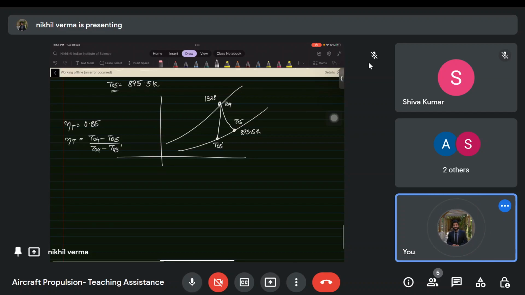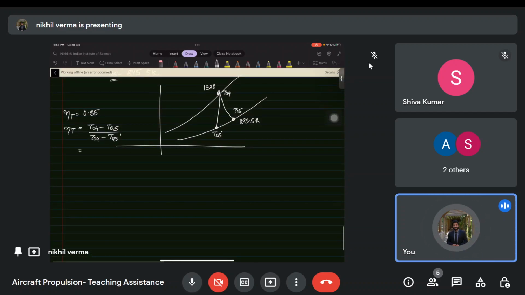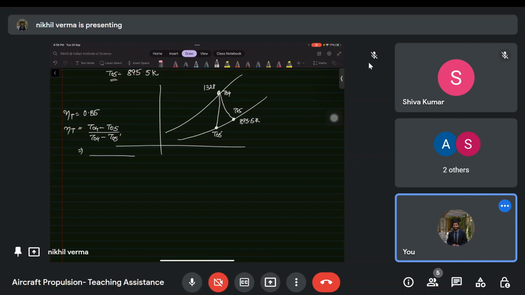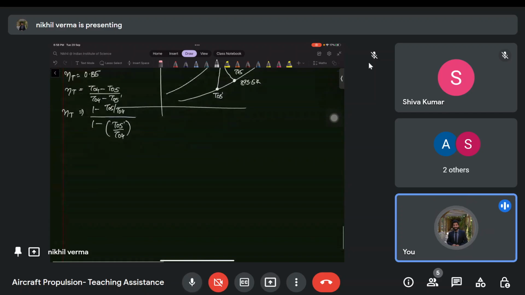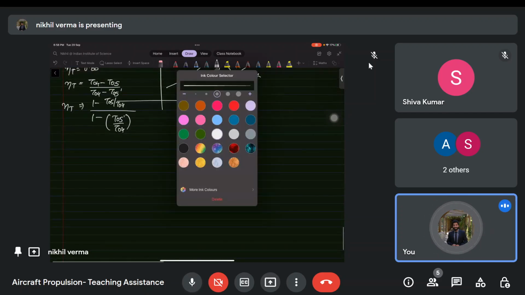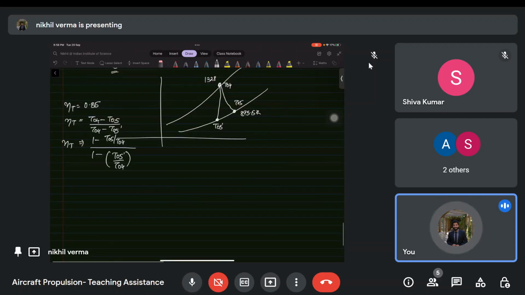So now just substitute. This thing can be written in terms of pressure because it is an isentropic process. This part is isentropic, so we can write it in terms of pressure.